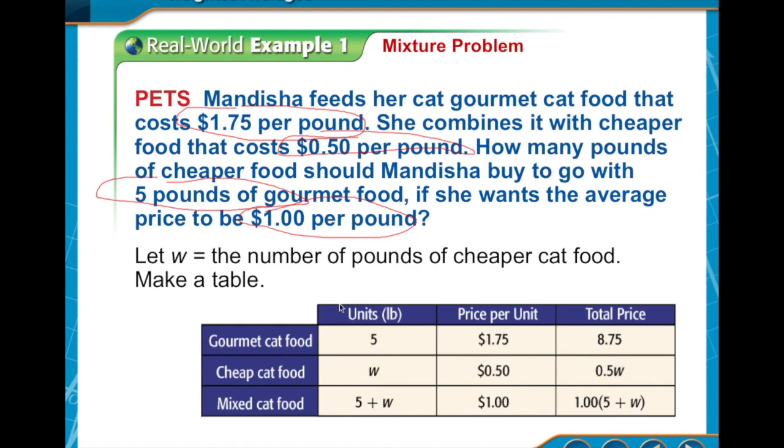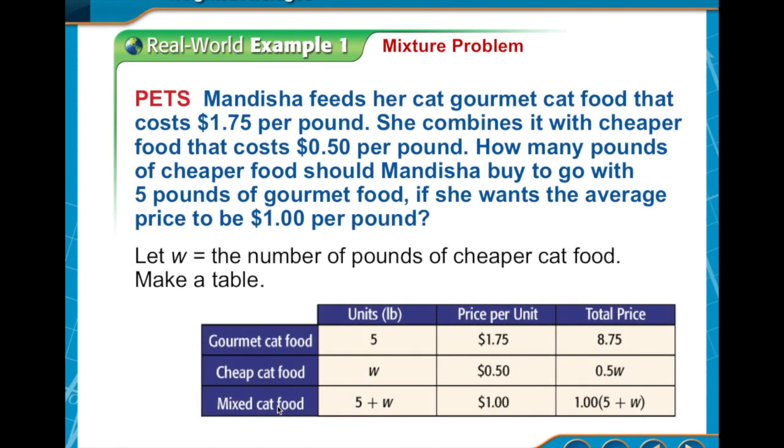So first, this is the table we're going to need to copy down for this problem. So let's break down what's happening in this table as you're copying that down. So on the left, we see three things. First, the gourmet food. We see the cheap food. And then finally, when we mix it, that's the mixed food there.